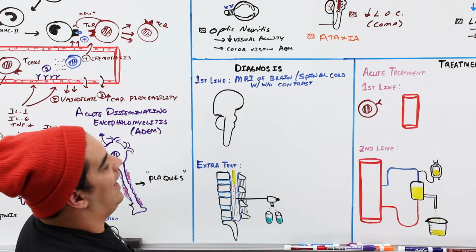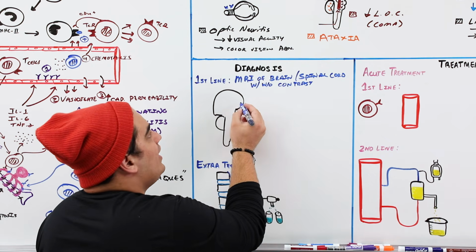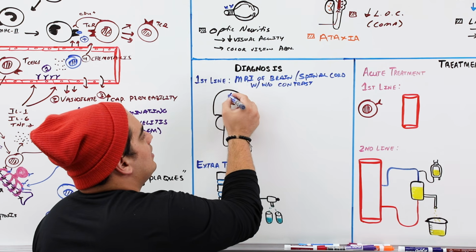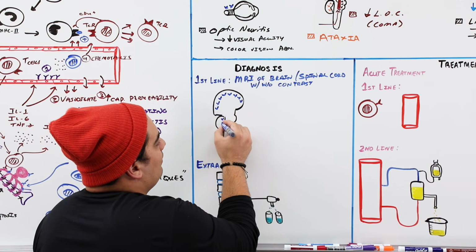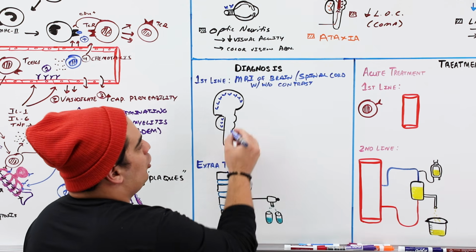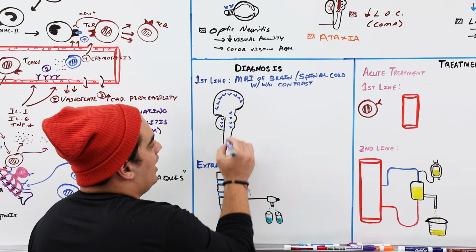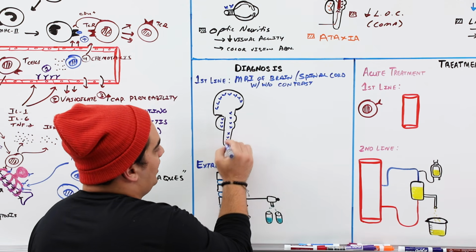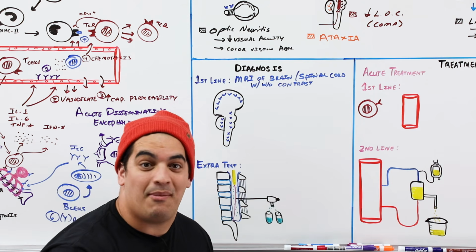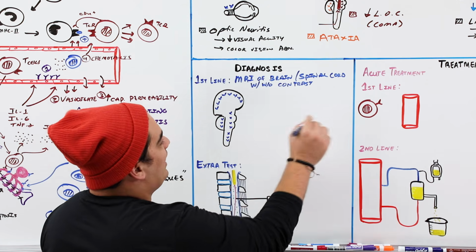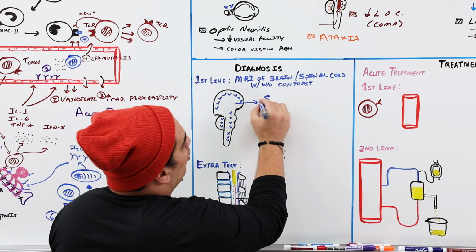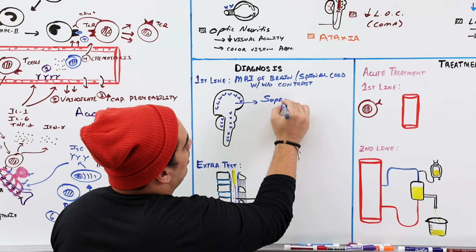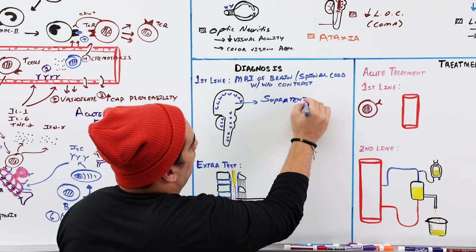So when I do that, here's the big thing. We can see a lot of lesions in that area of the cortex. We can see a lot of lesions in the cerebellum. We can see a lot of lesions in the brainstem, and we can see a lot of lesions present within the spinal cord, just like in MS, right? Here's the big thing though. When you look at the actual supratentorial region, supratentorium, okay?